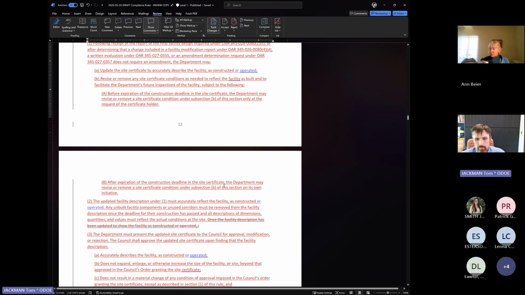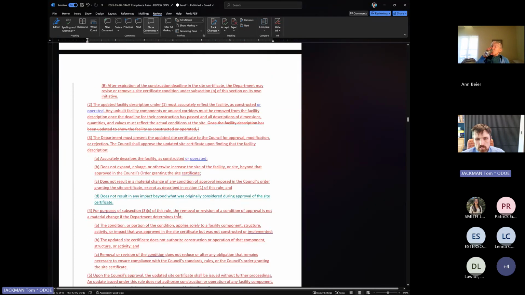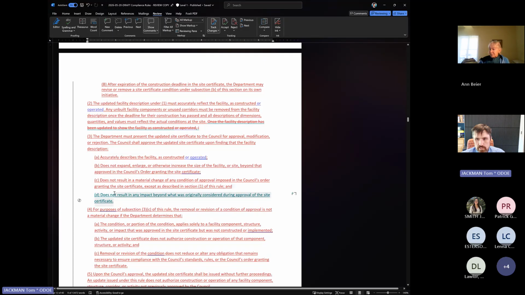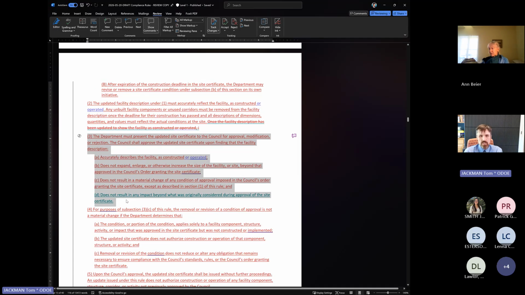The only other question I had about this for the group is we have this bit in here about council approving updates to the site certificate. And obviously we're going to be asking the council this too, but for example, let's say they originally requested to build 500 megawatts, and then the ultimate decision is that they're going to only build 200, and they know they're not going to build the other 300 before the construction deadline passes, at which point they won't be able to.